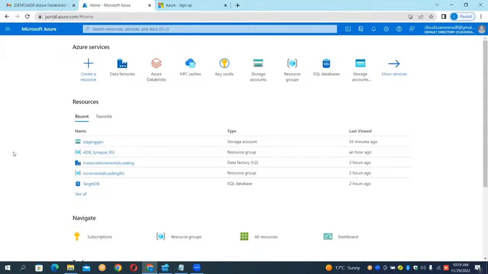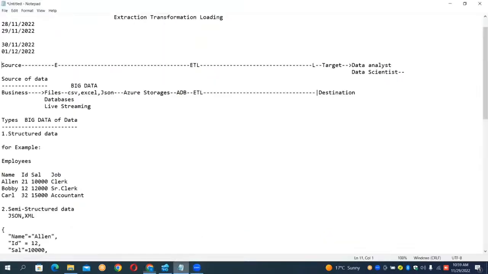Sir, if I want only the Data Factory videos, will the price be separate or the same as the tutorial cost? Do one thing, contact me.